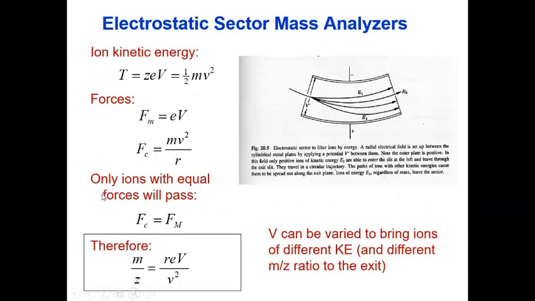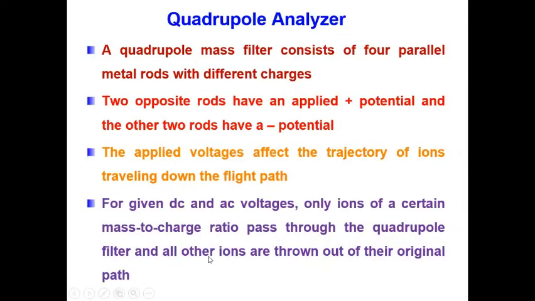This is the physics involved in an electrostatic sector mass analyzer: as seen previously, the m/z of a molecular ion peak is directly proportional to the curvature of the path followed, the applied voltage, and the velocity of that molecular ion in the mass spectrometer.